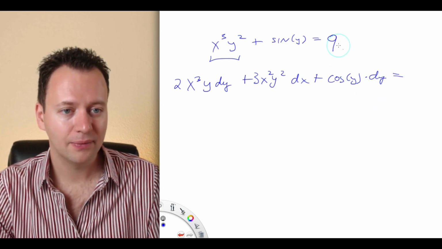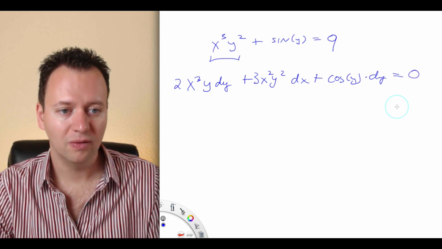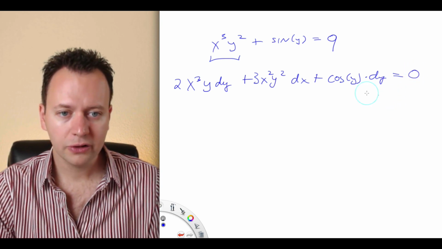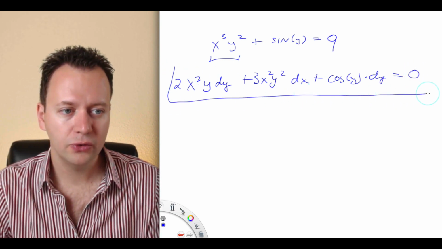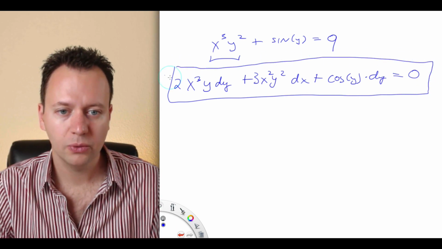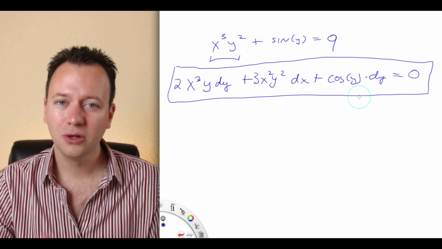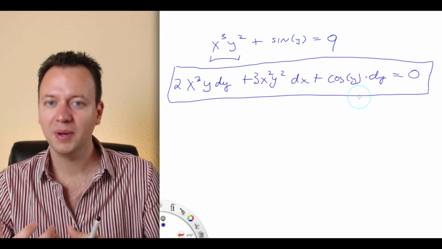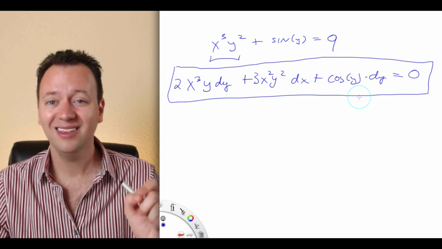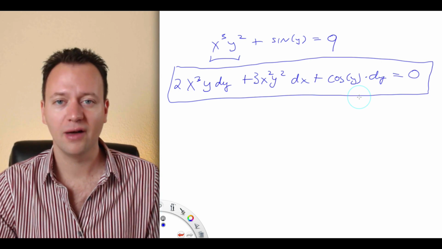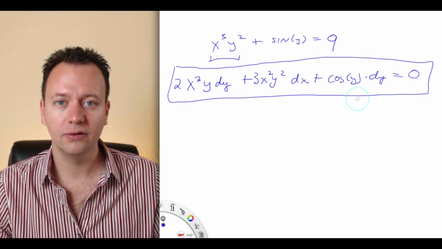It's just like that. The derivative of 9 is 0. So that is the differential. It's 2x cubed y times dy plus 3x squared y squared dx plus cosine of y dy. So it's just take the derivative with respect to whatever variable and then multiply by the differential of that variable. So that's the basic technique of doing differentials.